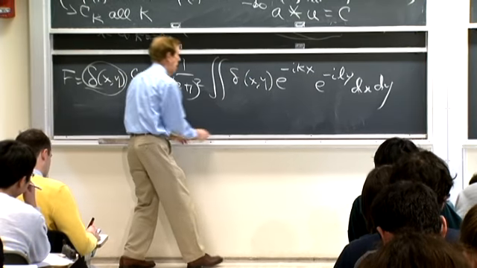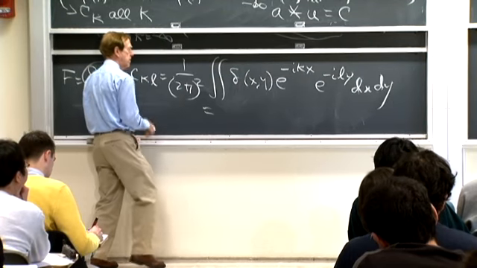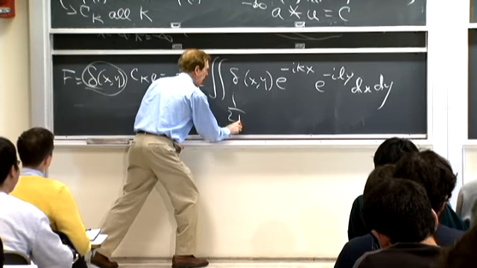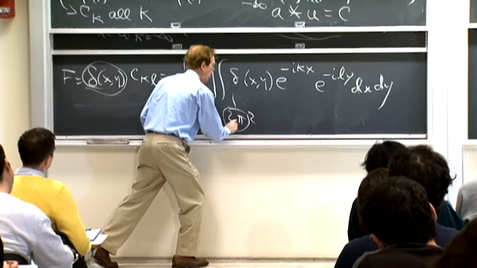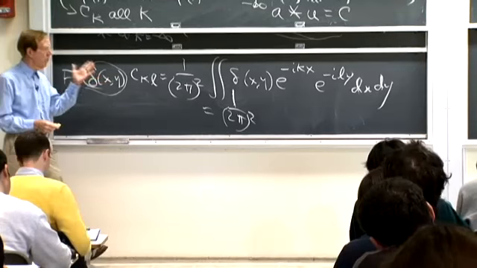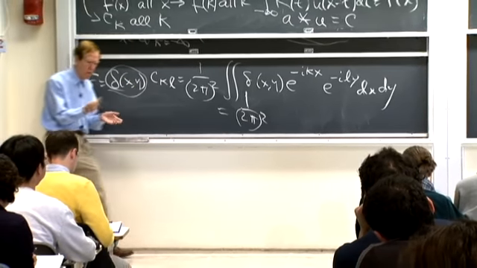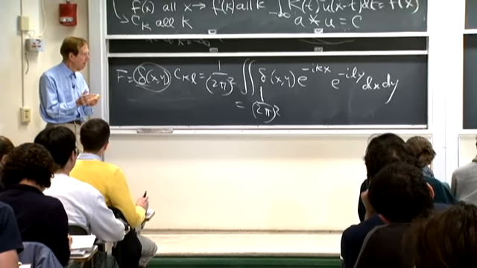So what answer do I get? I get 1 out of the integral, and then I just have this constant. So it's constant again, and it's just 1. So the Fourier coefficients of the delta function are constant. All frequencies, they're the same.